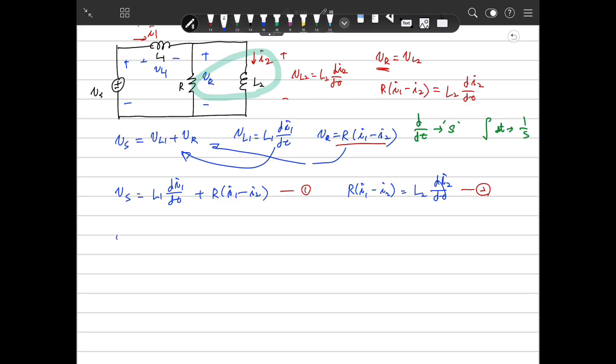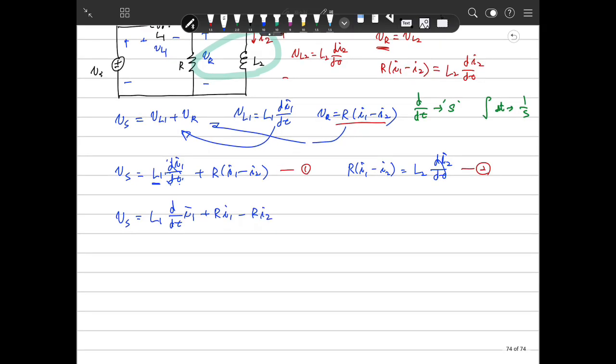So we write here Vs will be L1 dI1/dt plus R I1 minus R I2.